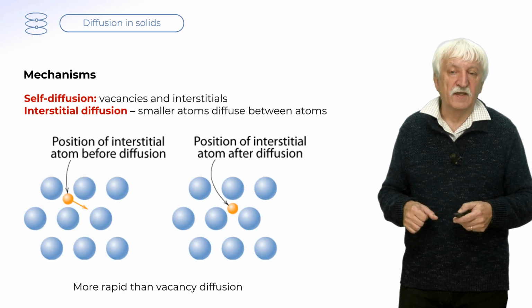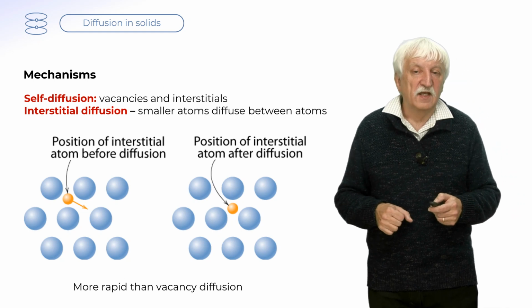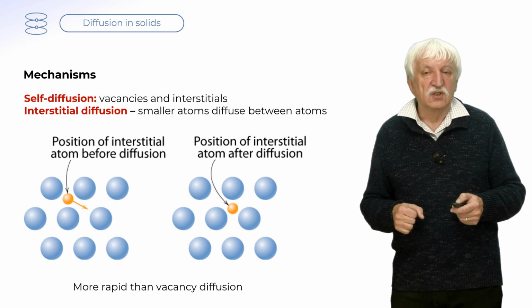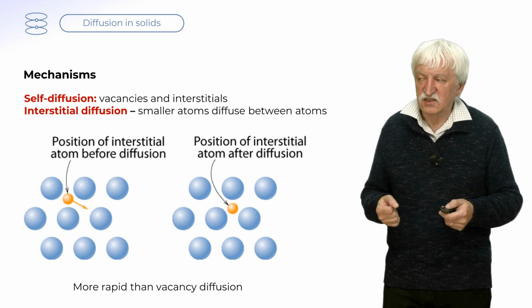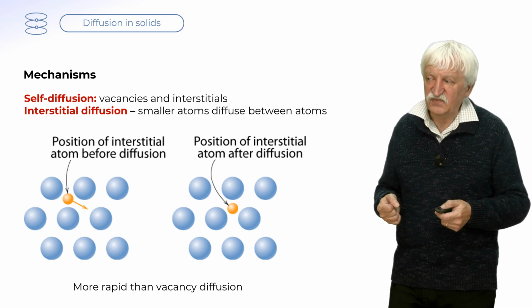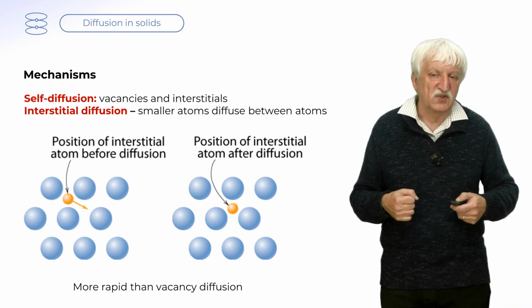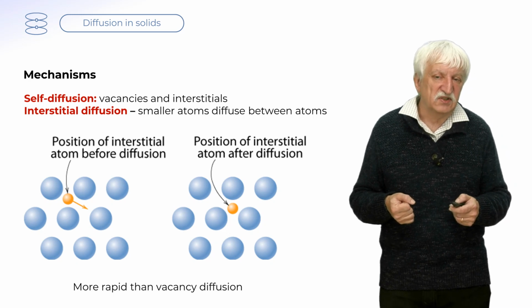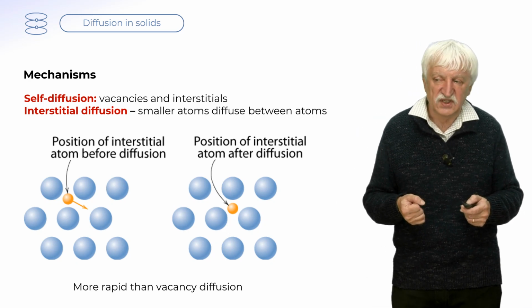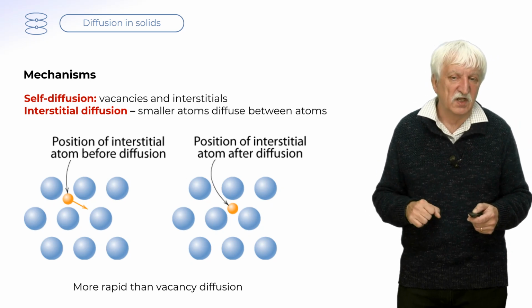And additionally, there are some interstitials. What does it mean? If there are some alien atoms of smaller sizes, they can be placed not at the positions of the atoms of the initial matrix, but between them.